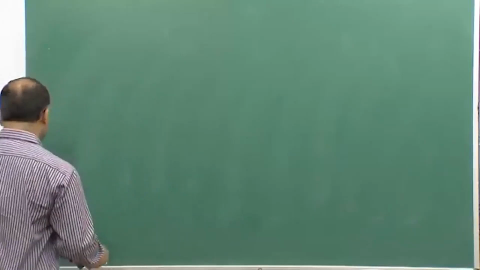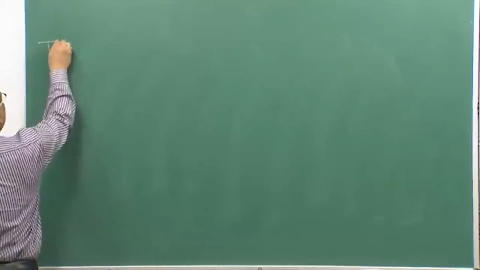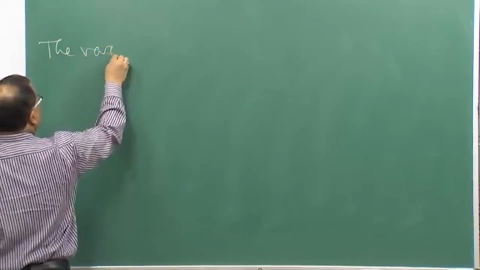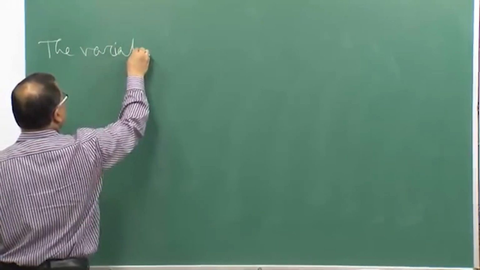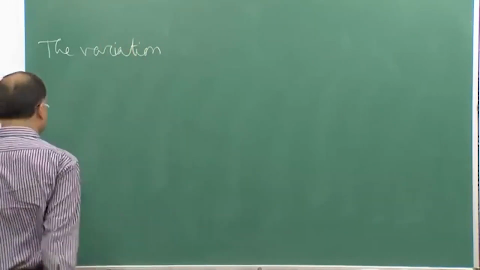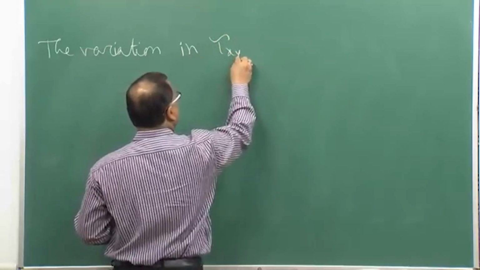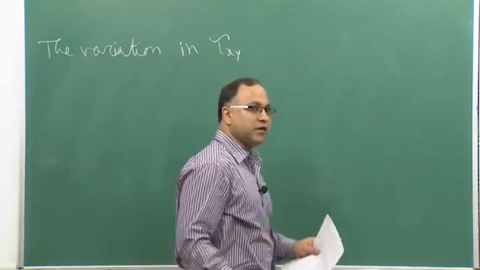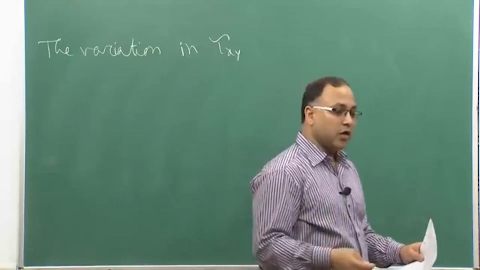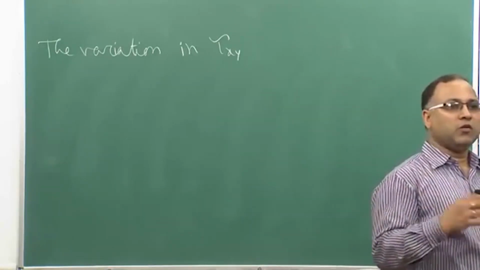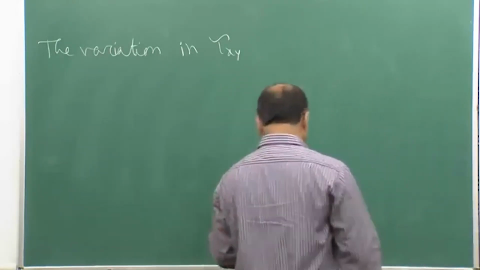So, if I can write the variation in tau xy or sigma x or sigma y or tau yx, whatever you consider.